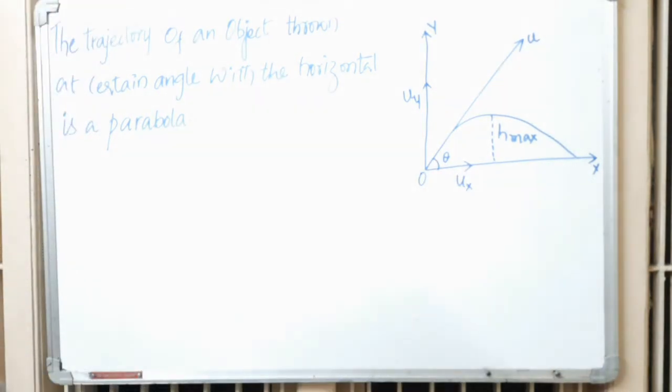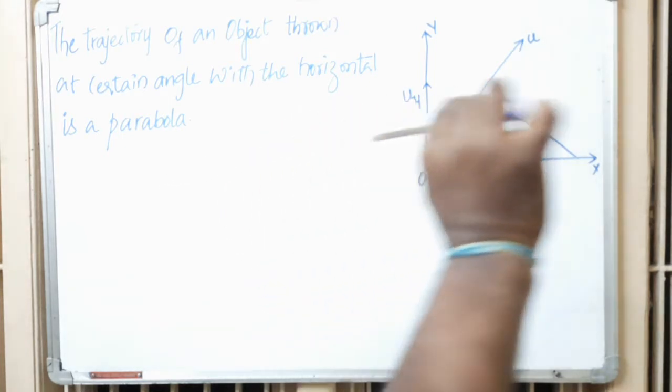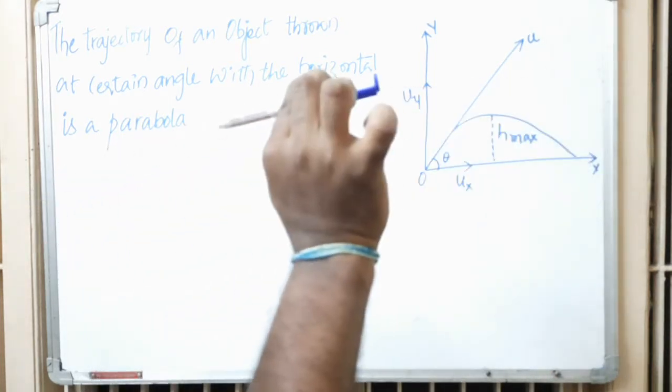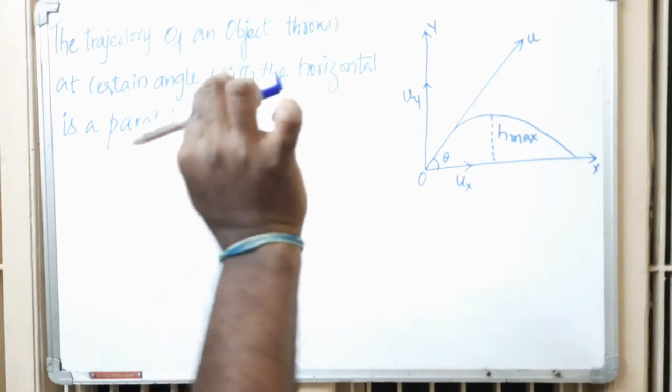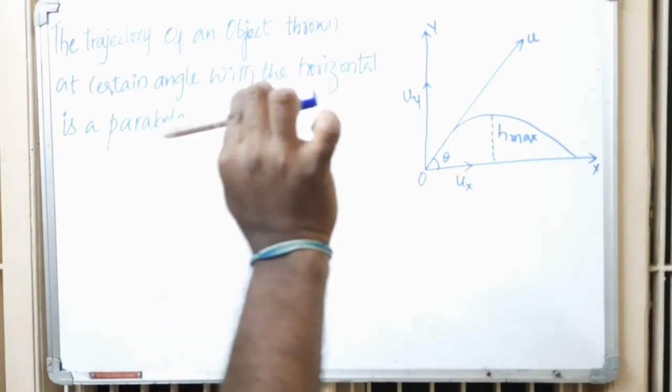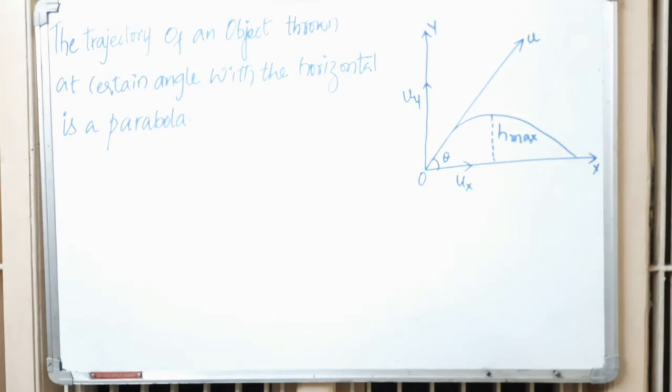When we play in the ground and throw a ball, we think it will go straight, but as its velocity gradually decreases, it takes a parabolic path. That topic we'll discuss here.